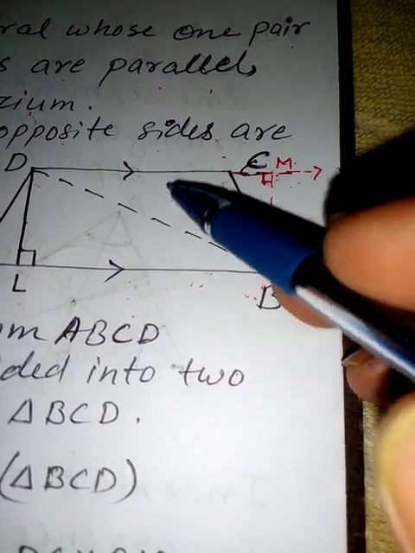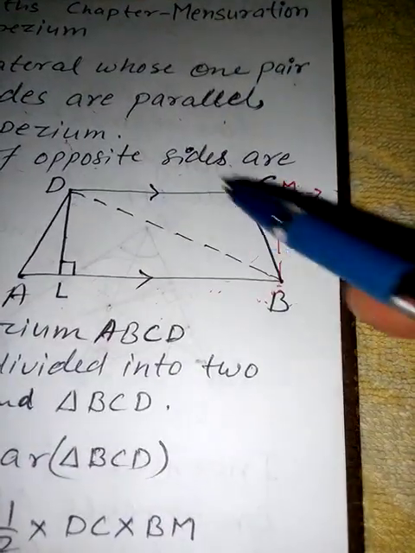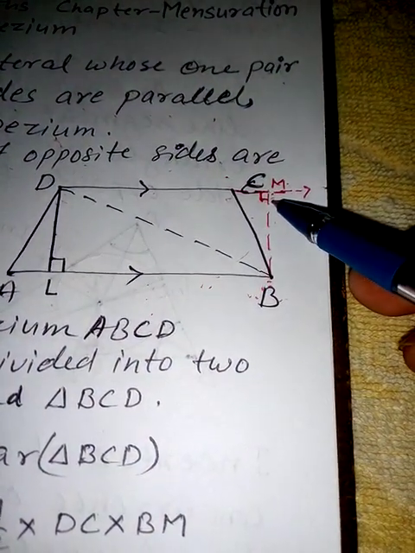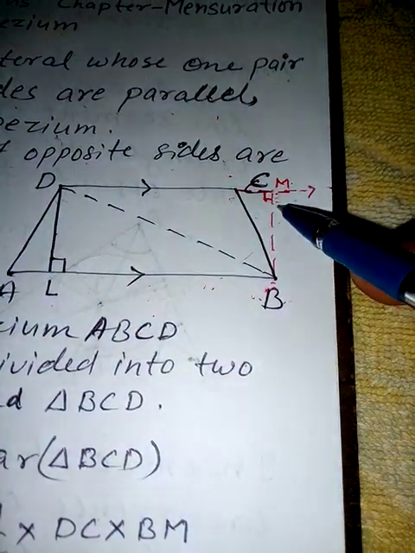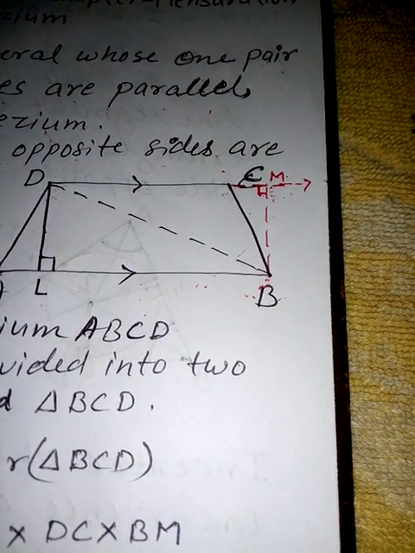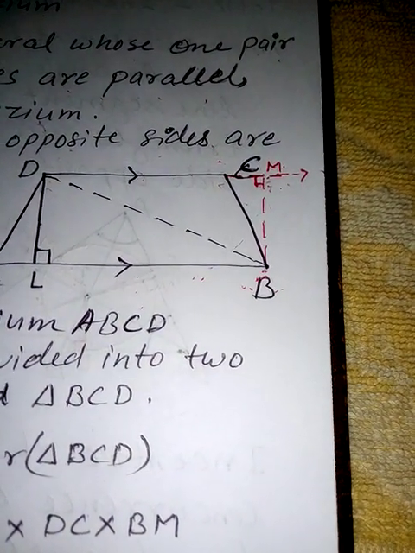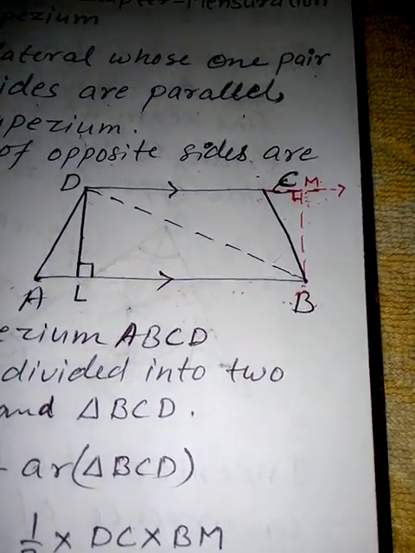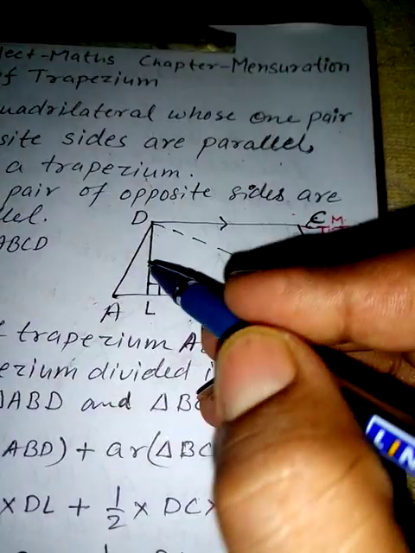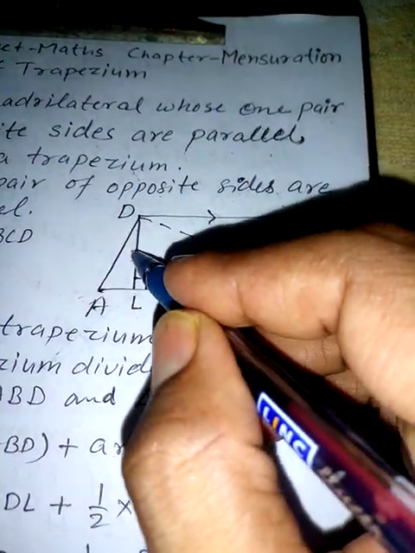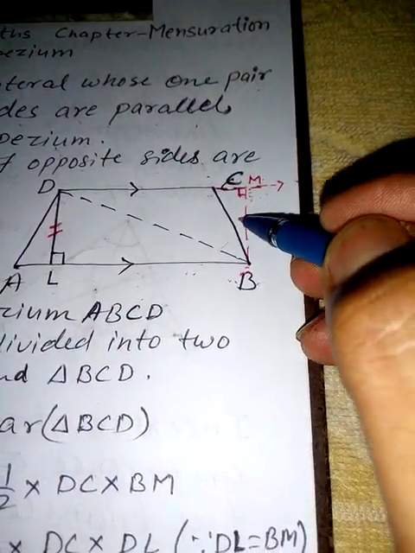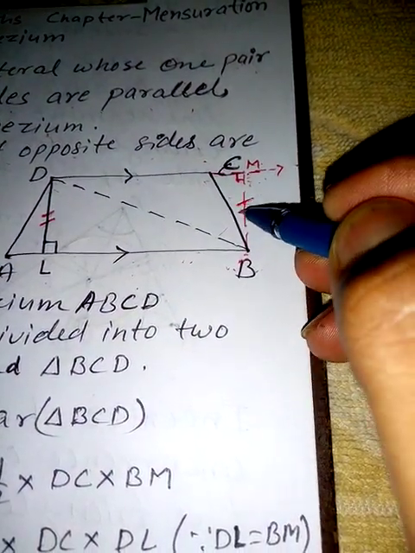You know these two sides AB and DC are parallel, and the distance between two parallel lines is always the same. So this DL must be equal to this BM.